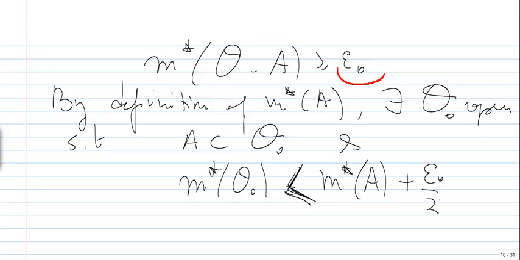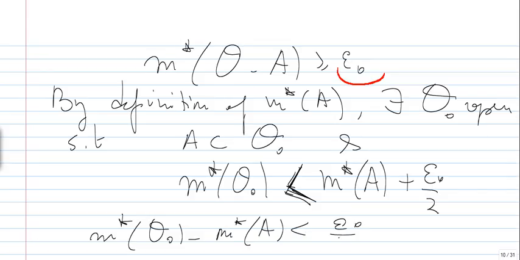Any number less than epsilon 0 will do, as you will see. So this gives us that the outer measure of O0 minus the outer measure of A is less than epsilon 0 over 2.